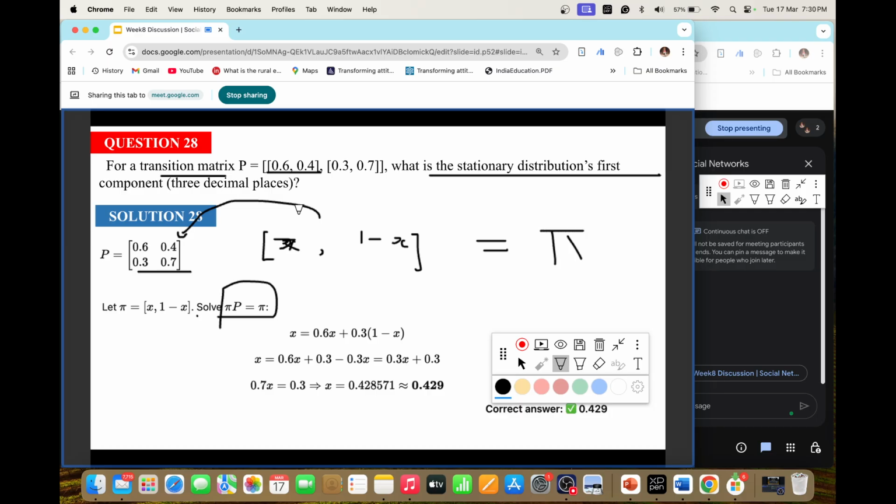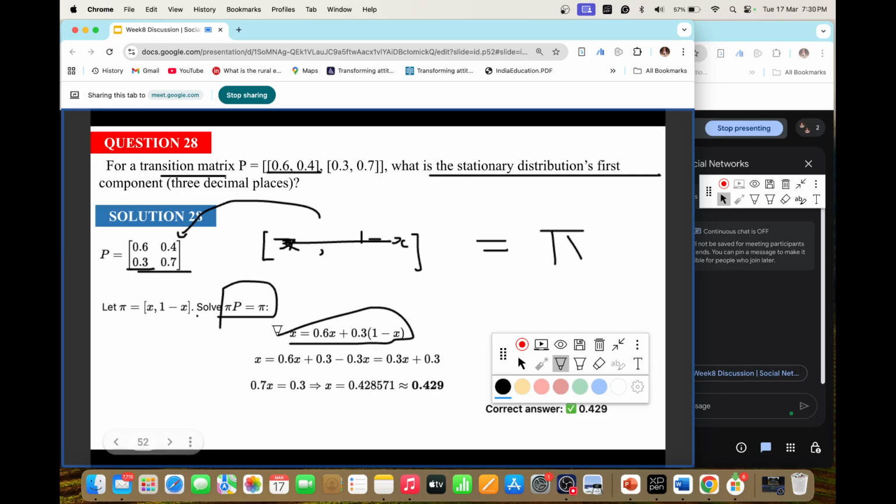So x into 0.6 plus (1 minus x) into 0.3 will be equal to the first element of pi, that is x.